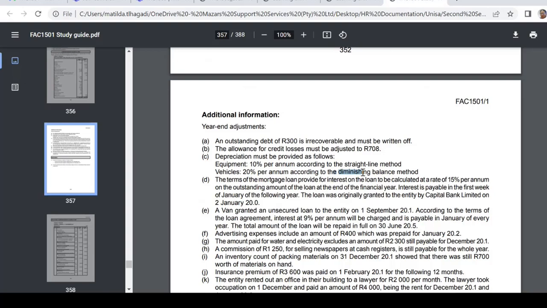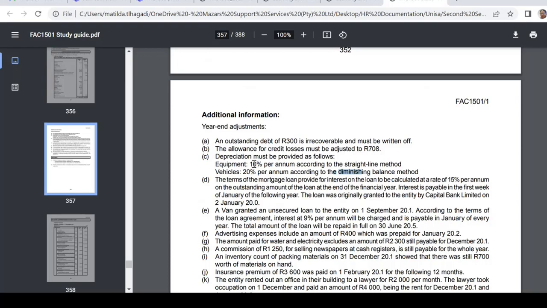Reducing balance method and diminishing balance method are the same thing. So they can either say in a question, calculate this asset using the diminishing balance method or the reducing balance method.